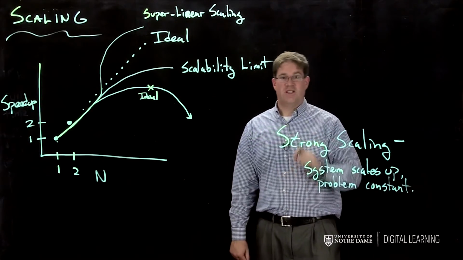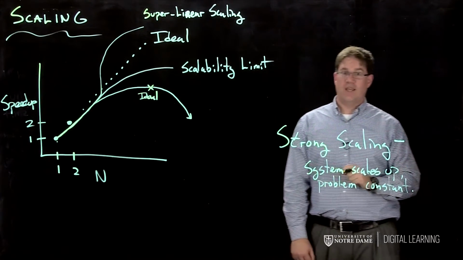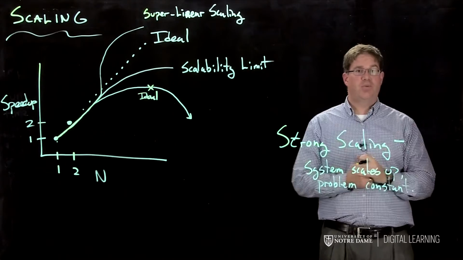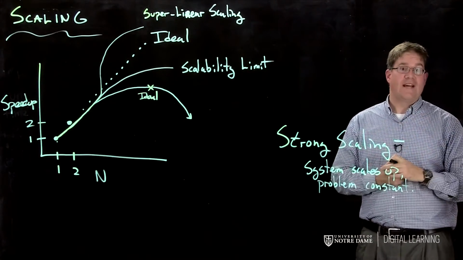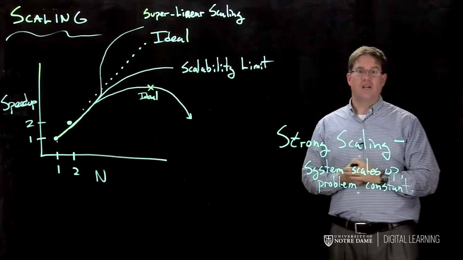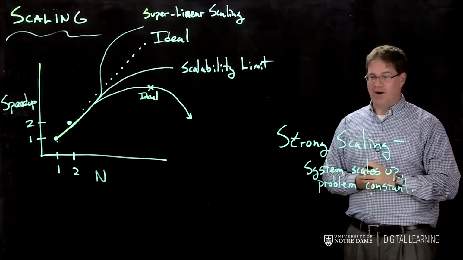This measures our ability to take one problem and solve it as quickly as possible. And this could be really important for something like, say, weather forecasting, where the sooner you can get the result for tomorrow's weather forecast, the better.